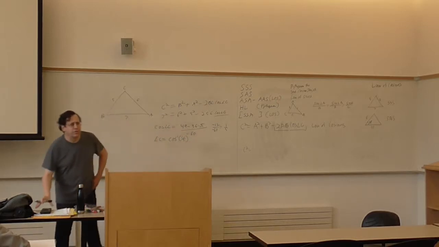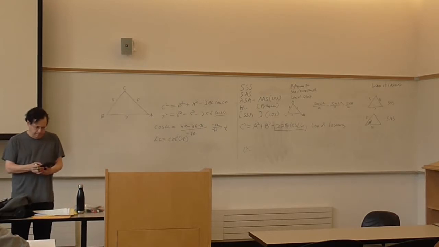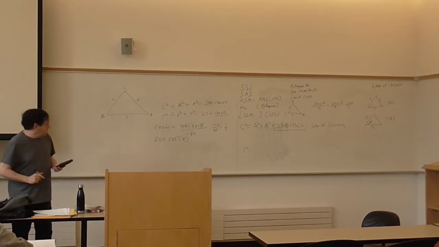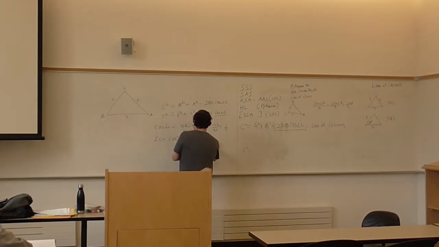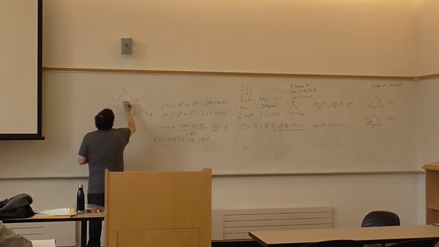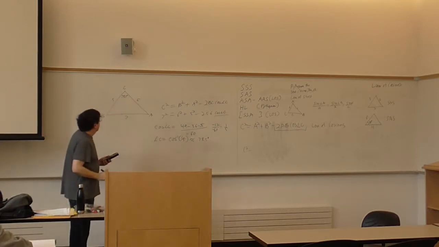Okay, does that make sense? Let's take a look. The inverse cosine of 1 divided by 5, that's about 78.5 degrees. 78.5 degrees. Okay.